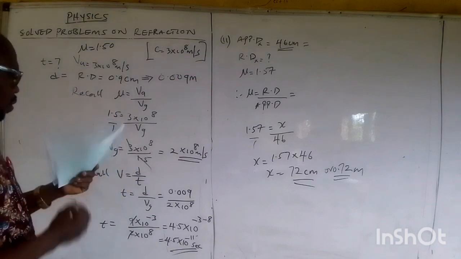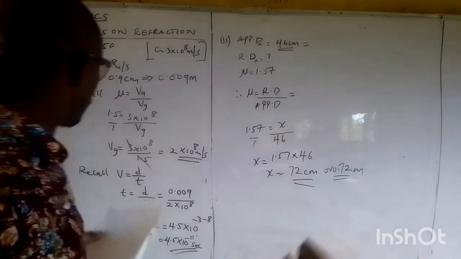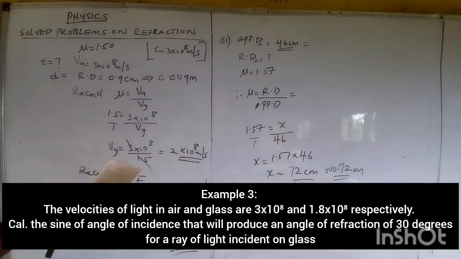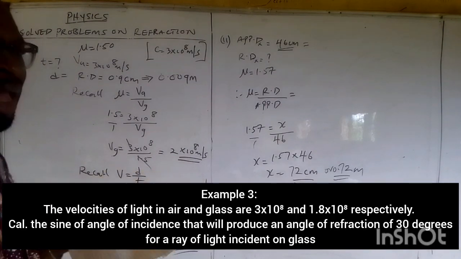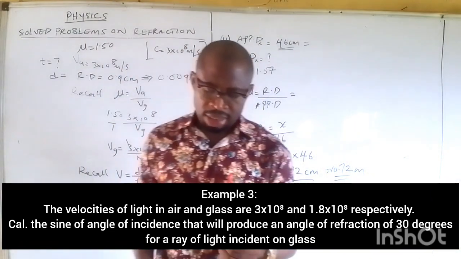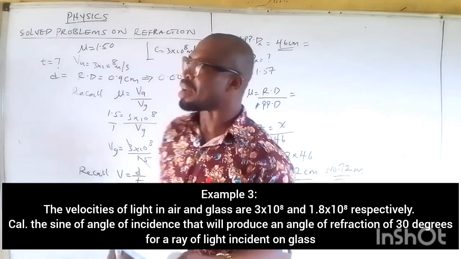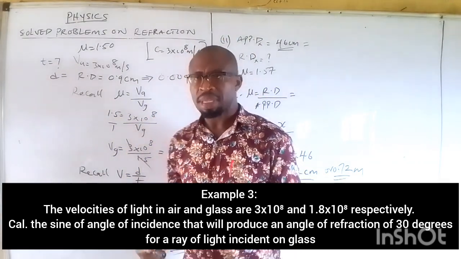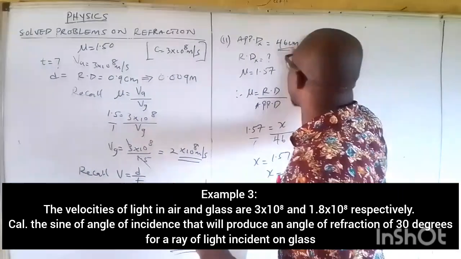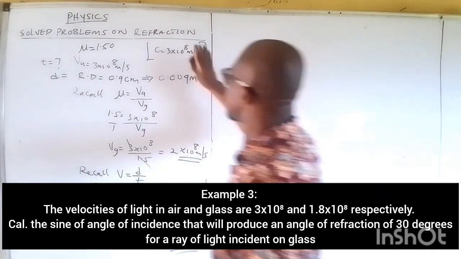Alright, so we have another one. We can solve this other one. It says the velocities of light in air and glass are 3 times 10 raised to the power 8 meters per second and 1.8 times 10 raised to the power 8 meters per second.